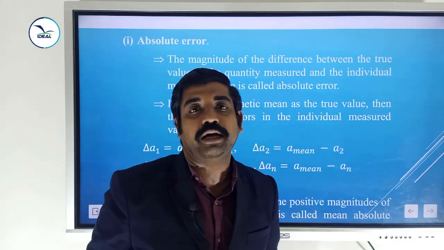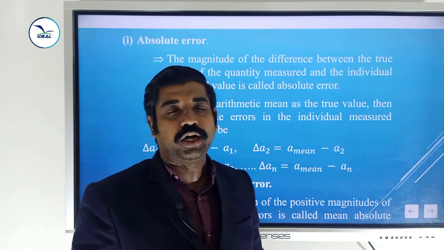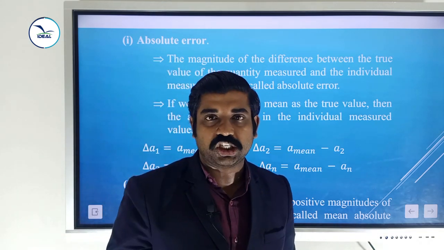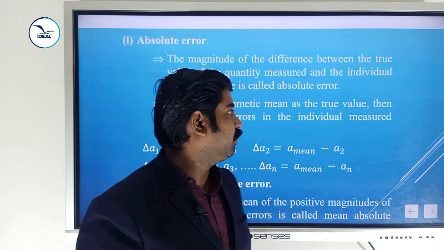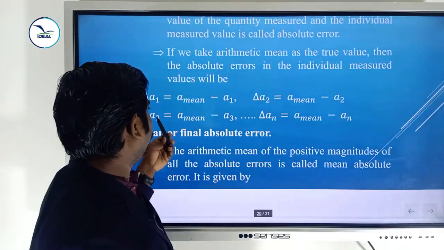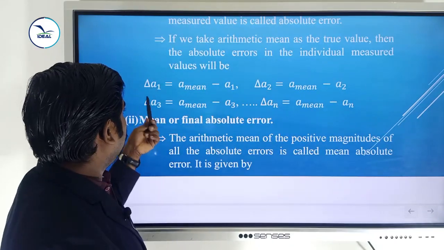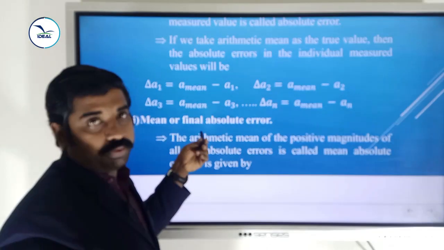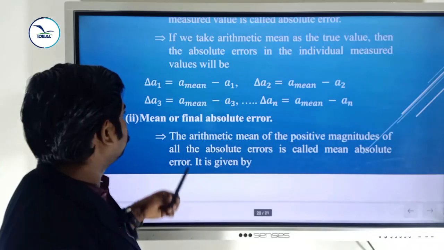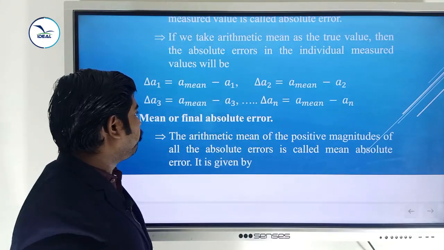This is the deviation or difference between the mean value and any individual measurement. So for the first value A1, the absolute error is denoted by the capital delta symbol.